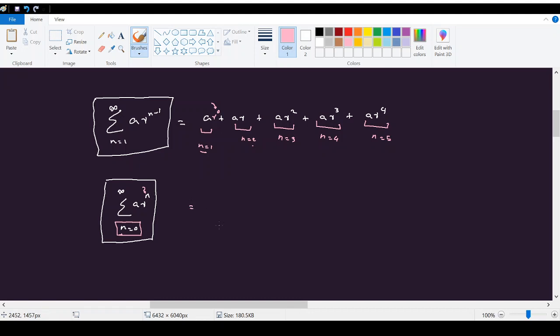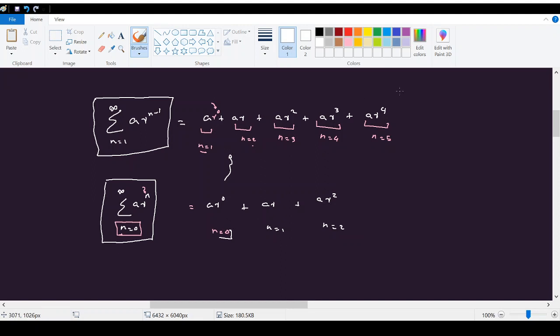Now if you expand it, you start at n equals 0, so you have r to the power 0, and then n equals 1 will give you a times r, and n equals 2 gives a times r squared. You will still obtain the same expression, but now the term number and the power of r will be the same. So that is more convenient than it was before.